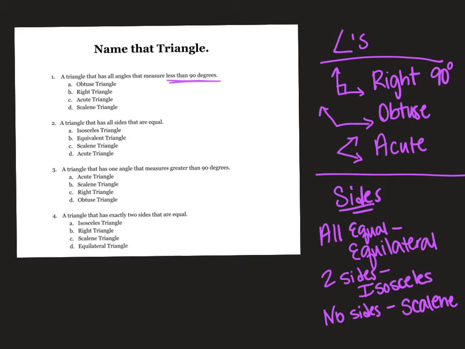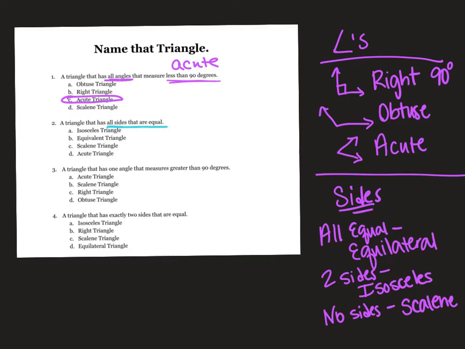So let's look at number one again, and let's read what it says. A triangle that has all angles that measure less than 90 degrees. So the fact that it's saying all angles is important as well. All angles that measure less than 90. So that means that all angles are going to be acute angles, which means this is an acute triangle. All right, number two says a triangle that has all sides equal.